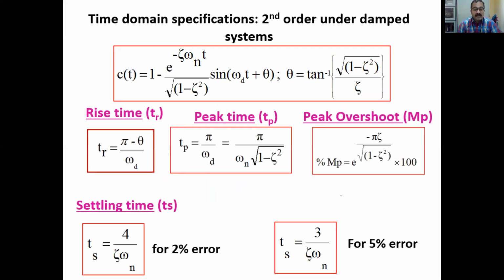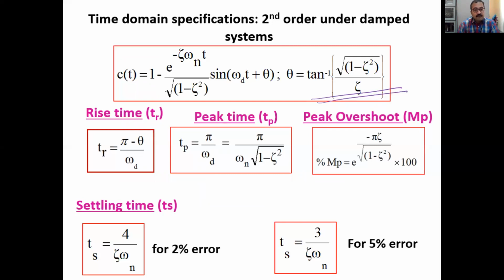So to summarize, what is the unit step response for the underdamped second order system? 1 minus e raised to minus theta omega n t divided by root of 1 minus theta square into sine of omega d t plus theta, where theta is tan inverse of root of 1 minus zeta square by zeta. Then how will you find the rise time? Pi minus theta by omega d. What is theta? Tan inverse root of 1 minus theta square divided by zeta.